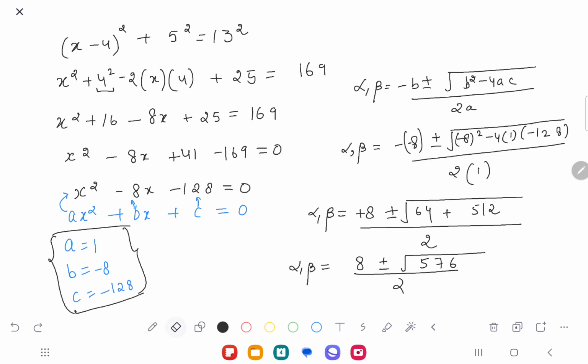Yes or no? And what is the root of 576? You tell me. So that shall be 8 plus minus 24 over 2. So what shall be alpha, beta? Alpha comma beta shall be 8 plus minus 24 over 2. So alpha and beta are the values of x.